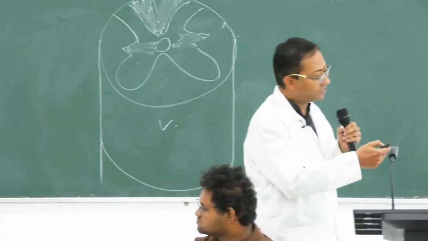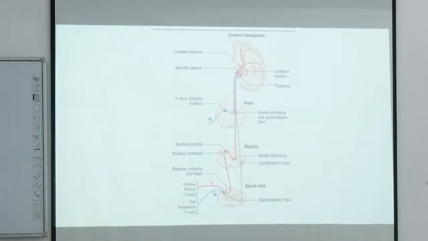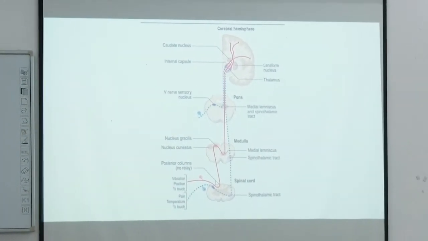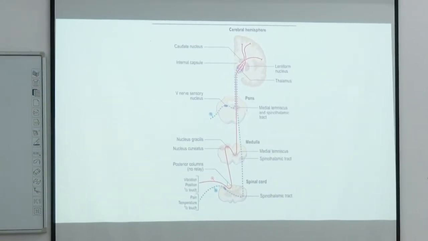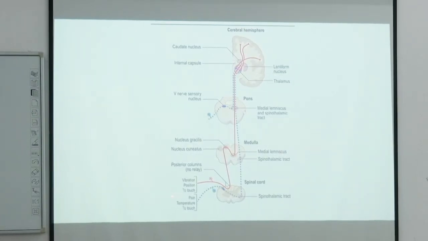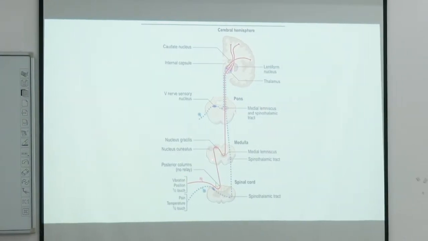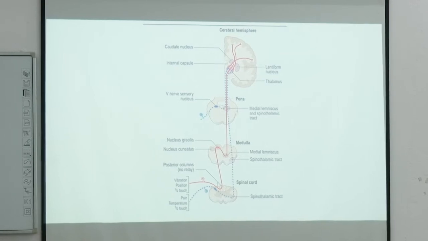Now here in this picture, the blue dotted line is for the spinothalamic tract, right? In the dorsal column or proprioception fibers, we have seen that the nerve fibers initially do not cross to the opposite side.